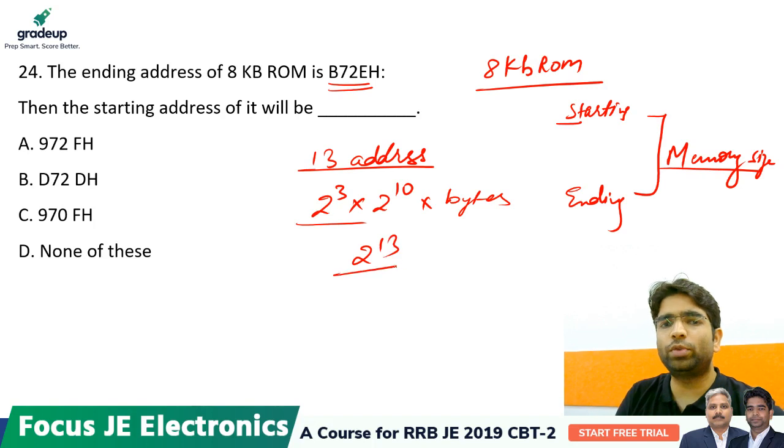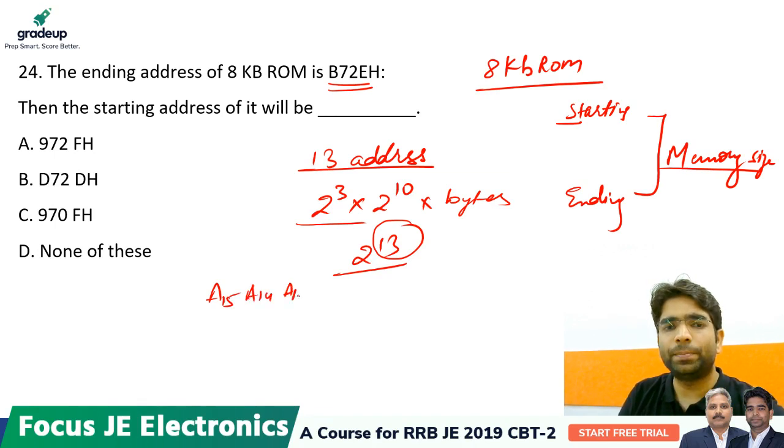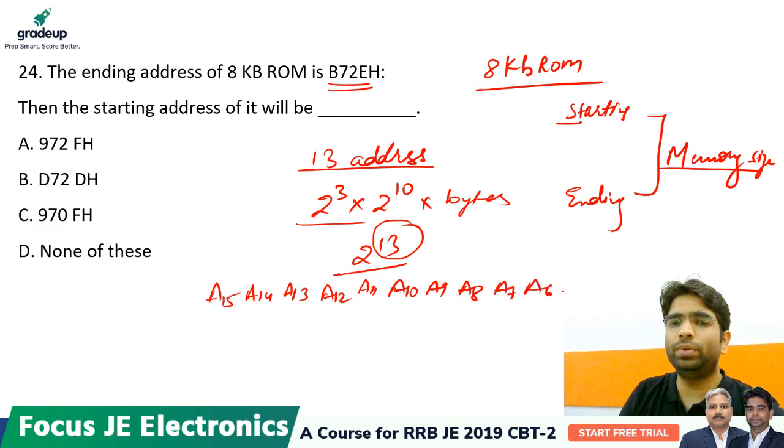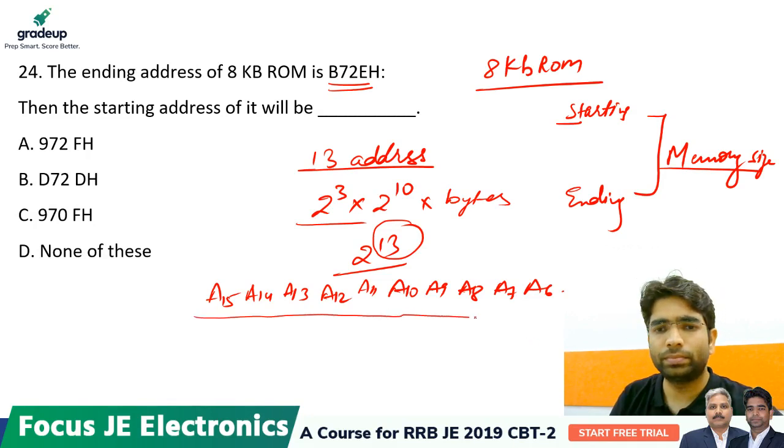So addresses of 2 raised to the power 13 means 13 address lines will be present. How to represent those 13 address lines? A15, A14, A13, A12, A11, A10, A9, A8, A7, A6, up to A0.